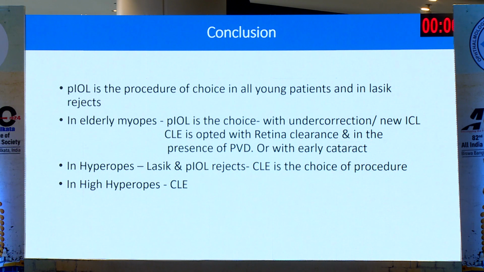Coming to the hyperopes, when we cannot do LASIK or a phakic lens, then clear lens extraction is the procedure of choice in all age groups. And in high hypermetropes, definitely clear lens extraction is the procedure of choice.